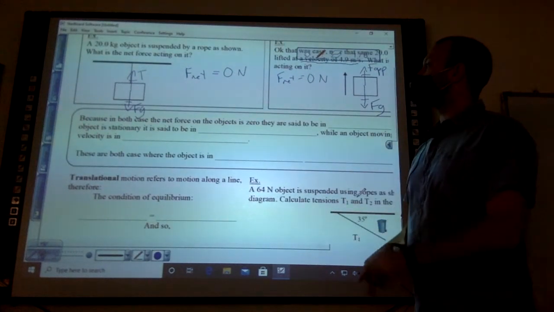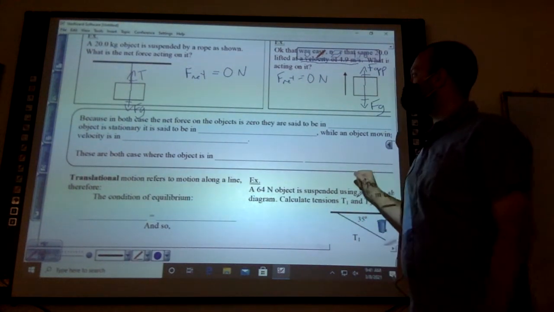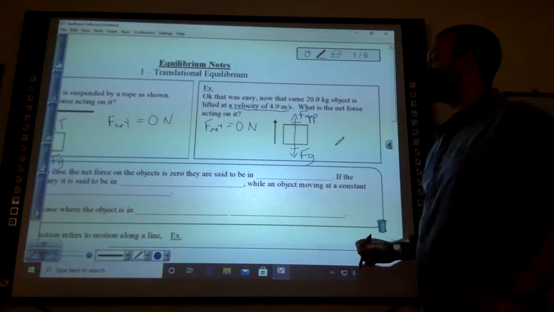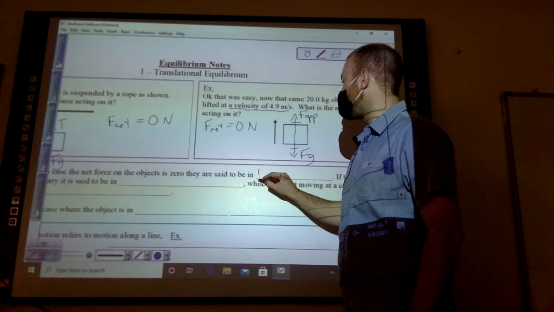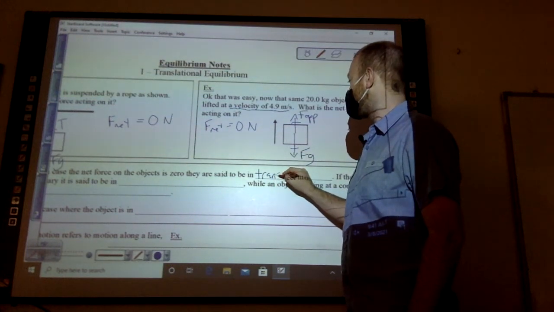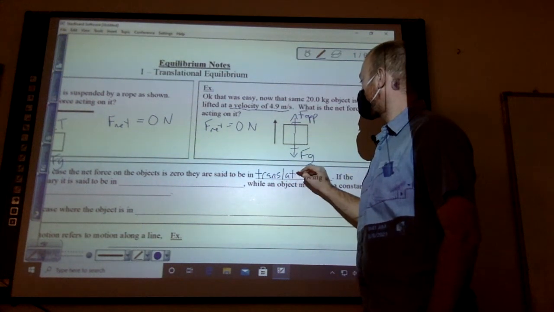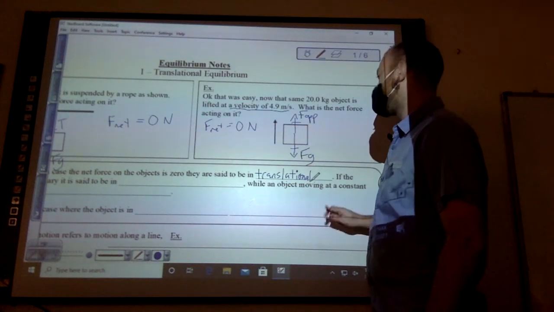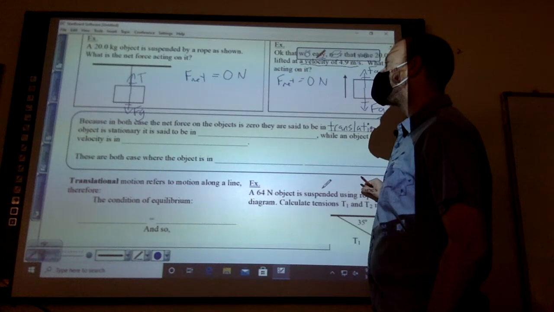So what does it say? Because in both cases the net force on the object is 0, they are said to be in what we're talking about today, translational equilibrium. Stationary.